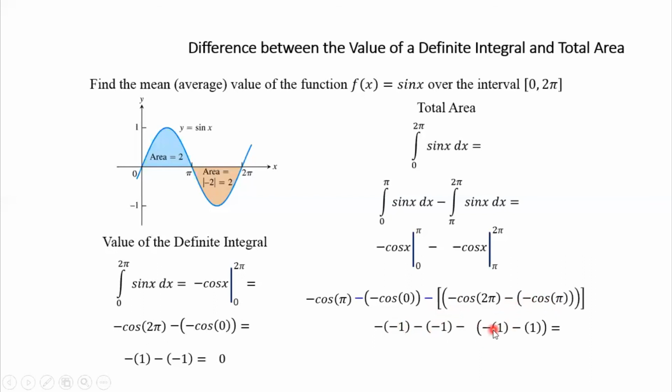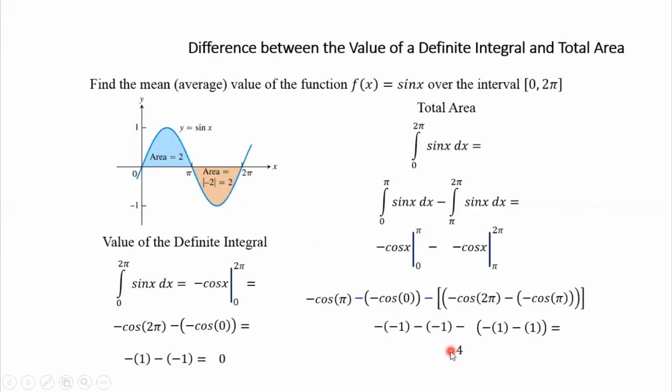So simplifying the expression, we have 4. The total area of the given function, meaning this area plus this area, is equal to 4. And by just looking at the graph, the area of this is 2 plus the area of this is 2, because we have to consider the absolute value of negative 2 since we are talking about area. So 2 plus 2 is equal to 4.